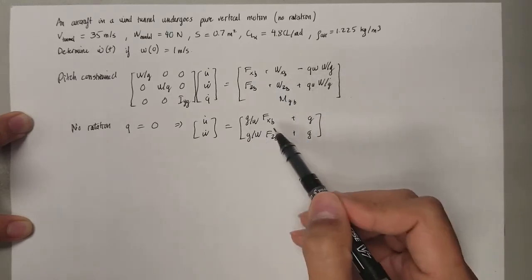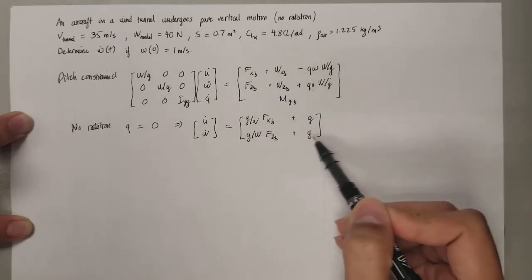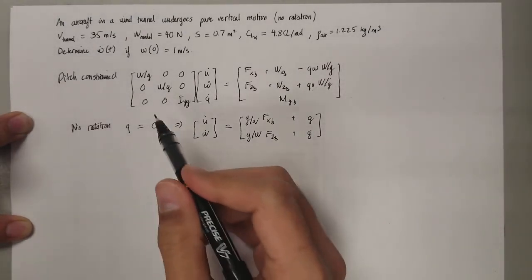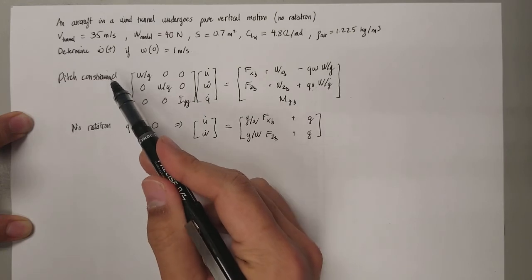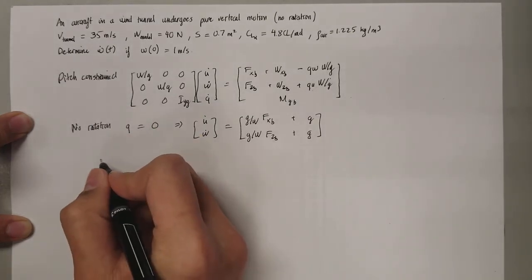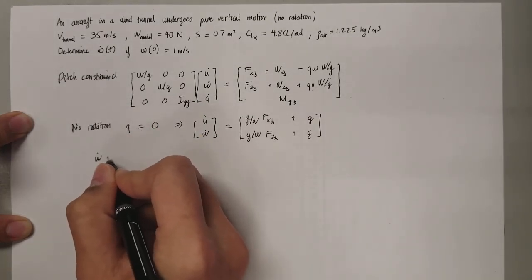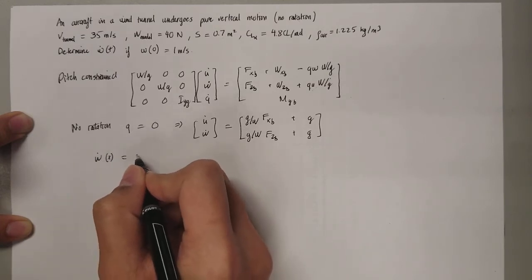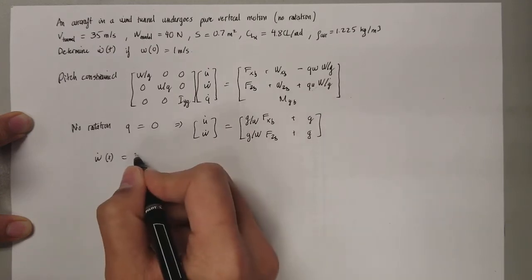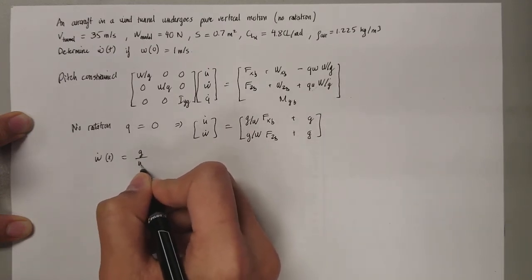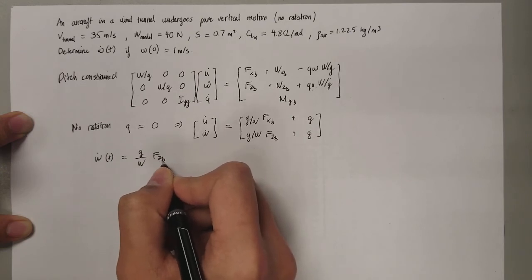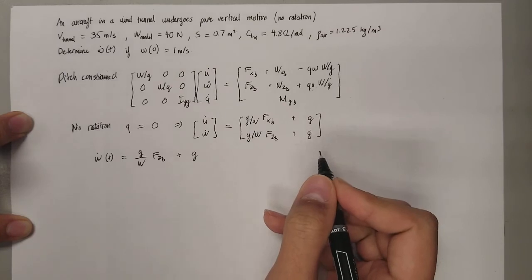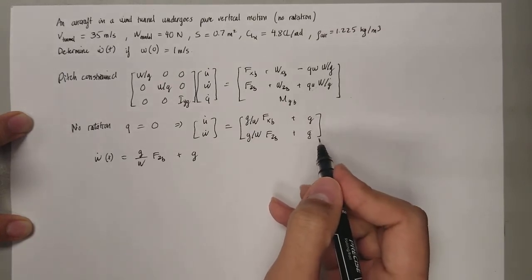That is how everything is written right here. And because you are asked to determine the rate of vertical translation, W dot, the W dot with respect to time is going to be that equation: g over W times Fzb plus g, the gravitational constant.